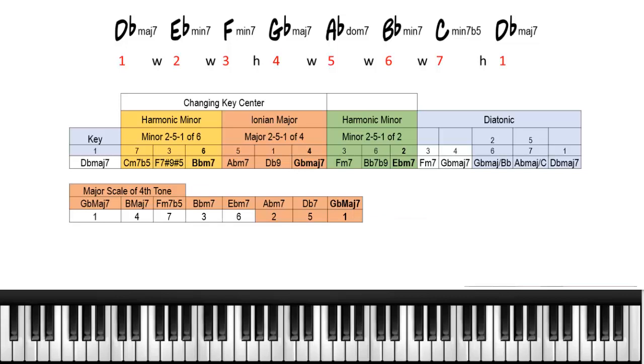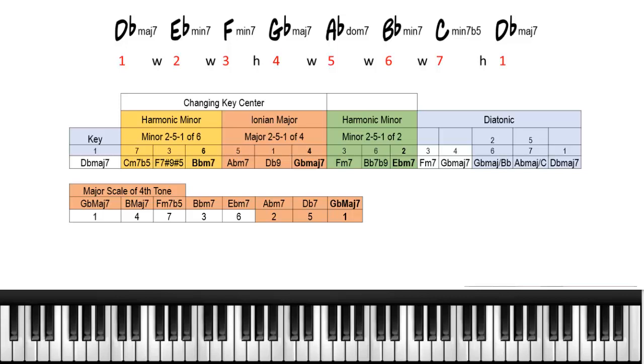The second progression would proceed on from the previous 2-5-1, and in this progression the 4 would be the target chord, making it the 1 for the 2-5-1 progression.